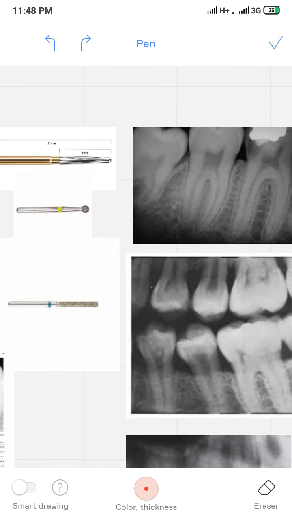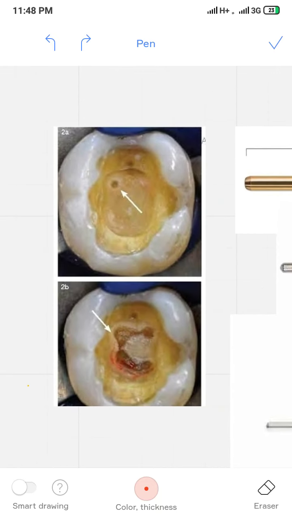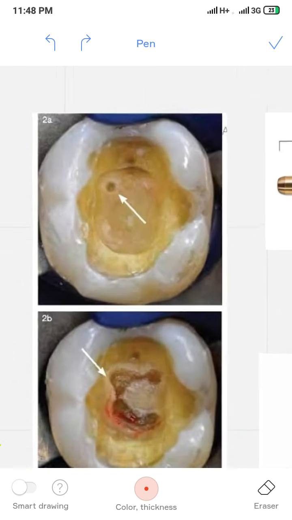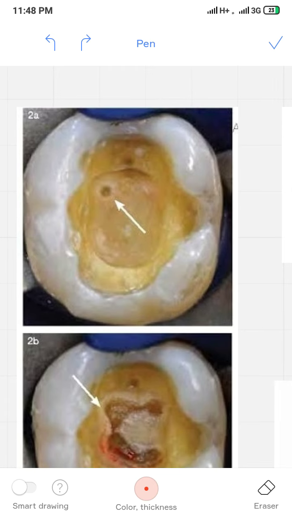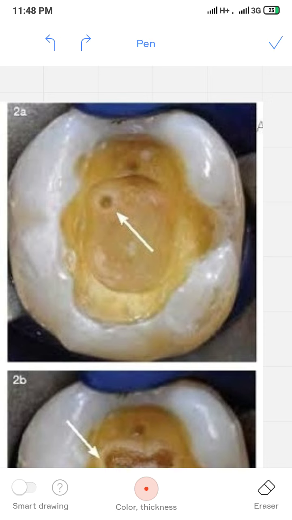All right, the first thing you will do is remove all the decay, right? All the decay. There should be no caries left when your access cavity is prepared. And in your mind, try to imagine how the pulp chamber ideally should be. Like in this picture, notice what the operator did.